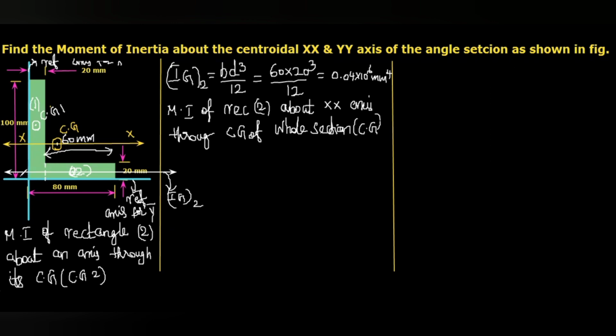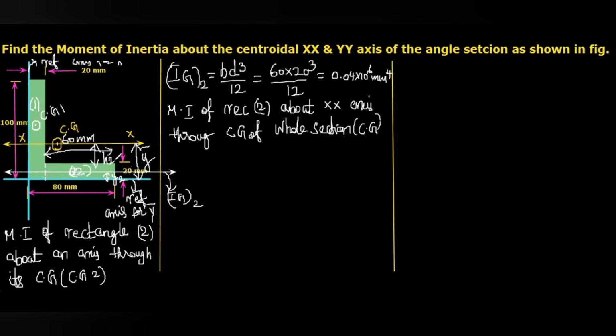Here you can see this is the bottommost line. From the bottommost line up to this xx axis, that is y bar. This distance, that is y2. Actually, this is the difference between the two axes, xx, and the axis passes through CG2.